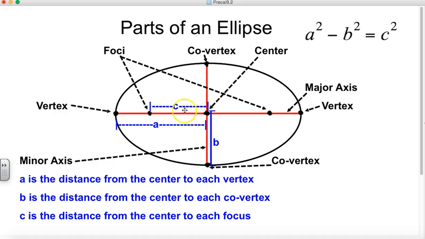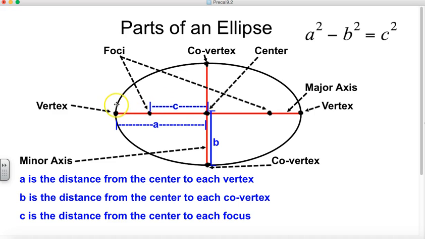Now, the thing about an ellipse with the foci is that if I draw a line from one focus to any point on the ellipse, and then draw a line from that point on the ellipse to the other focus, those 2 distances are always going to add up to be the same for every point on the ellipse.